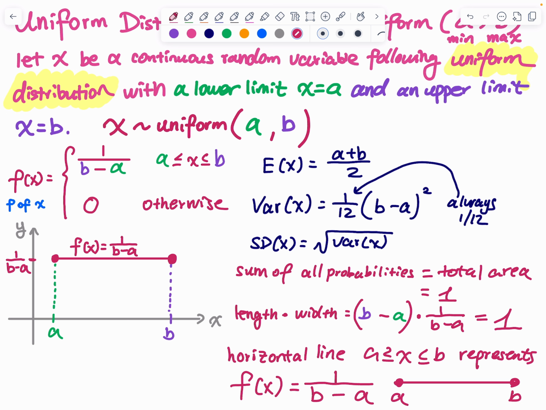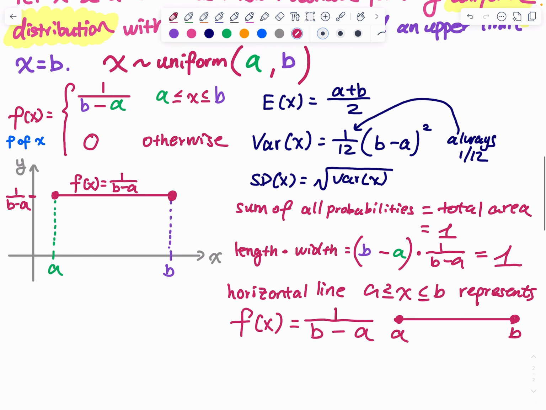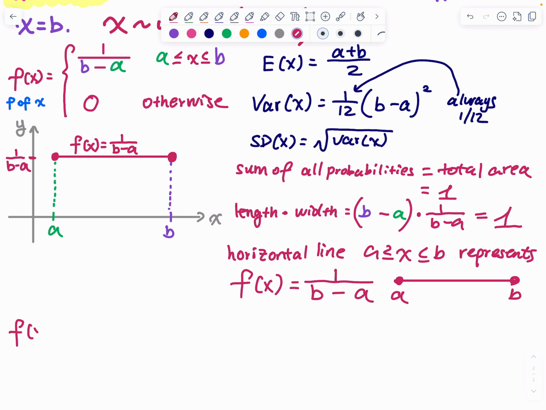And then before I end this video, I want to give you one more word. This f of x equals 1 over B minus A, I know I wrote this so many times instead of saying a function, because a function, you use this word in algebra, pre-calculus, trigonometry, and calculus, right? But in statistics, we will be using a more fancy name.